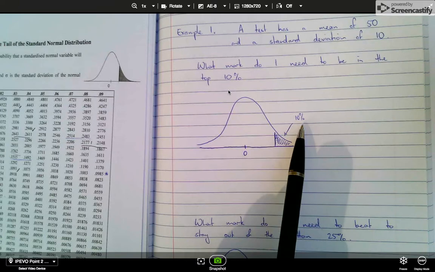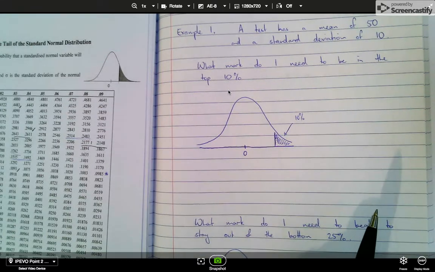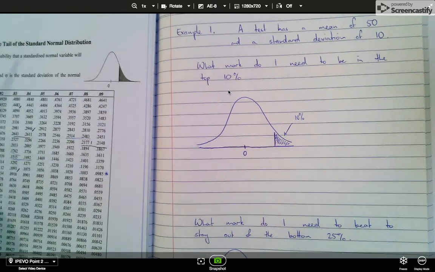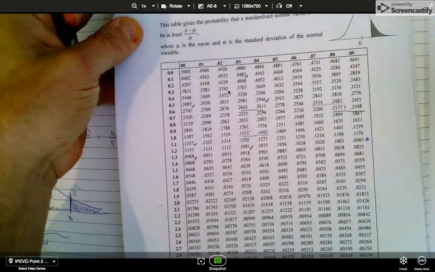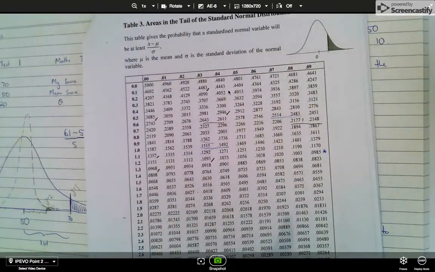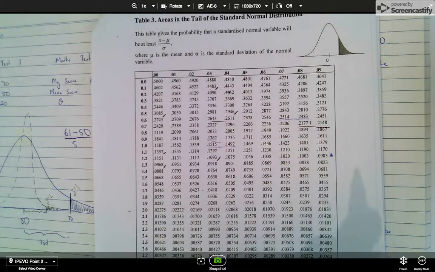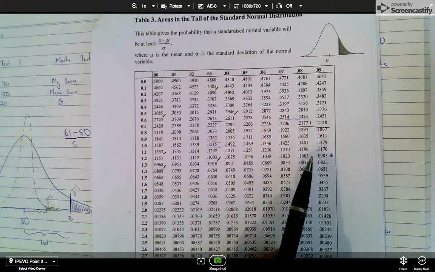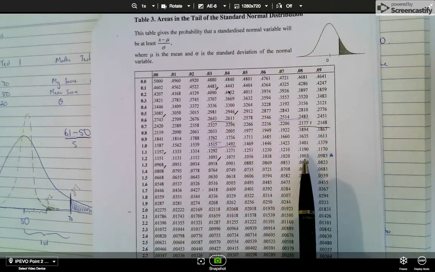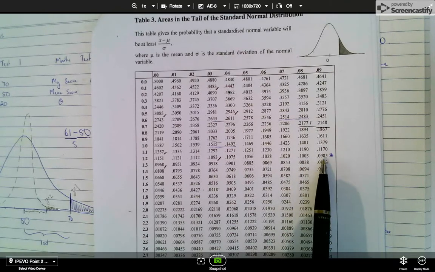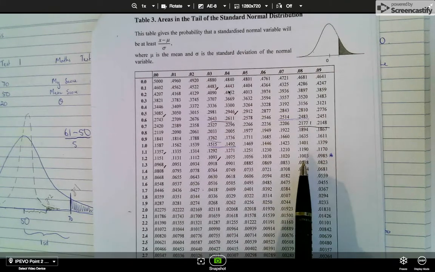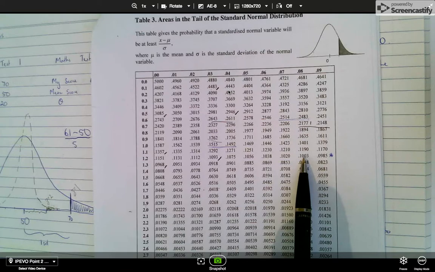So instead of, as Alan was saying, looking at the outside of the Z tables, we're going to look at the inside. So let's have a look at our Z tables here. Now we're looking at 10% and we're looking at the inside. So we want to find the Z score. Now 10% is here. This is 9.85%. This is 10.03%.